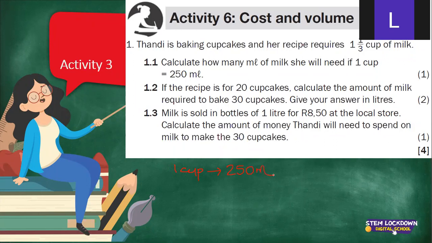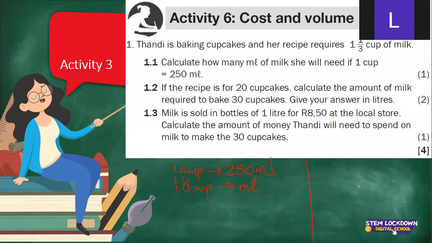And then I need to know how many mils you will get from 1⅓ cup. We can basically do this a number of ways, right? You can see that one cup is 250, so I think this is a simple way.